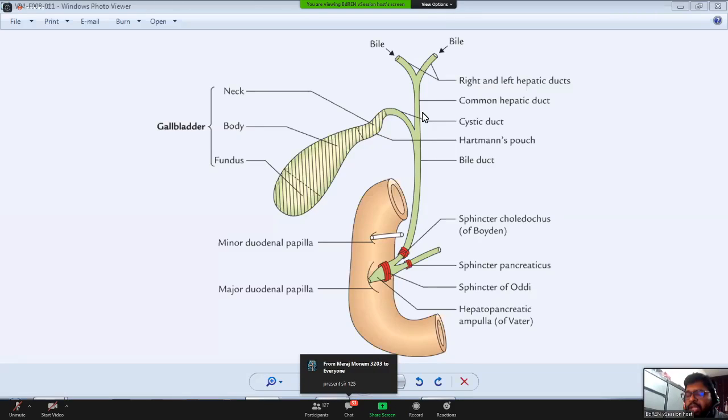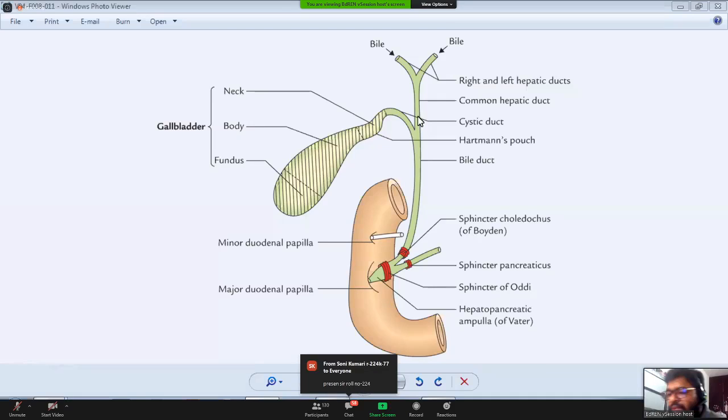I'll show you Calot's triangle, where you need to know how to ligate the blood vessels properly and how to ligate the bile ducts properly, or else you'll be doing the surgery and ruining the patient. So it is very important to know the abnormal arrangement of this duct system, right?